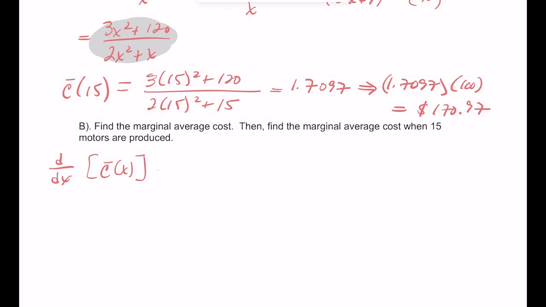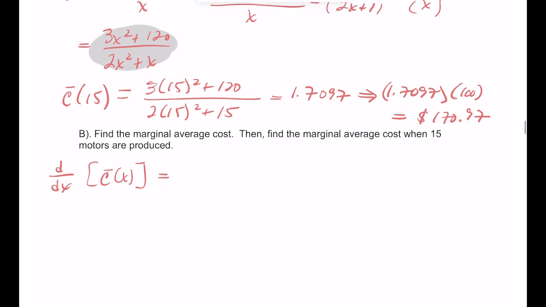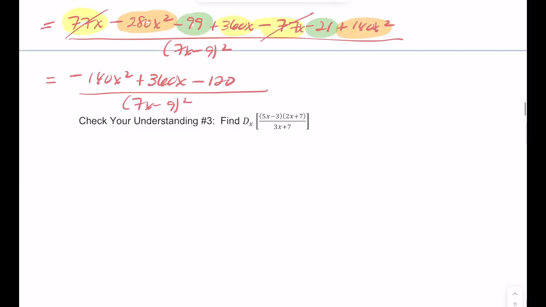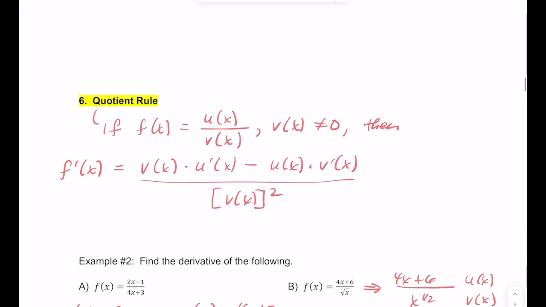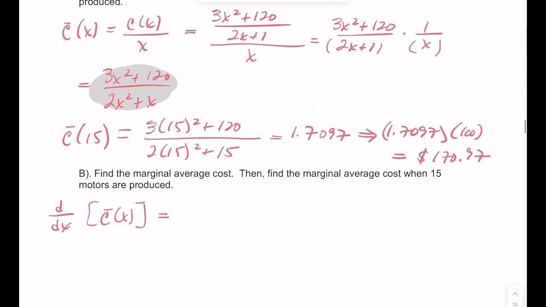So I'm basically finding the derivative of that. As you can see here, we need to use the quotient rule. And what I need to do is find v times u prime minus u times v prime over v of x squared.